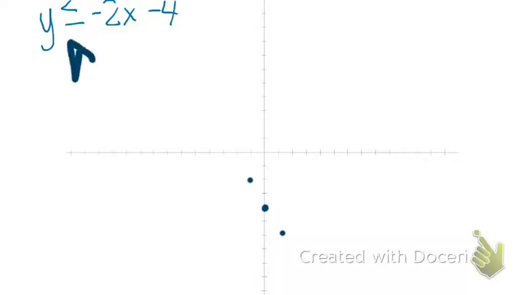Alright, what kind of line do I have? That's an equal bar there, so that means my line is going to be solid. Solid right through those points, hopefully. Okay, now let's shade. What side of this line is y going to be less than?